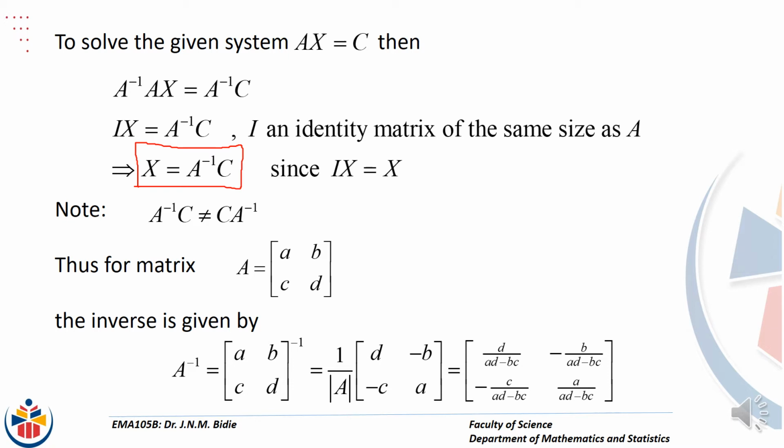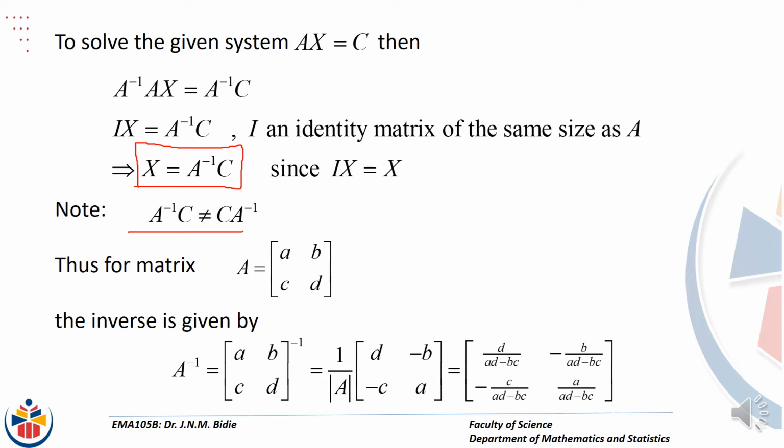algebra. Please recall also that when we did matrix multiplication, AB is not equal to BA. So it's the same here. A inverse times C will never give you the same answer as C times A inverse. So make sure that on the right hand side, when you're solving for X, A inverse is on the left and C is on the right all the time.